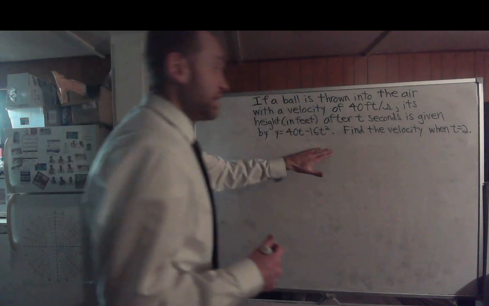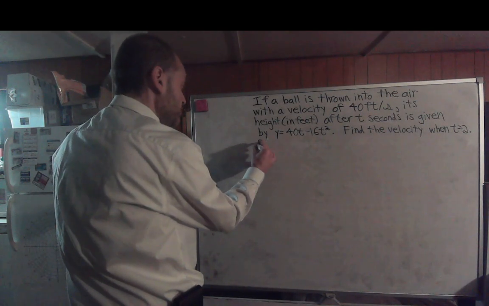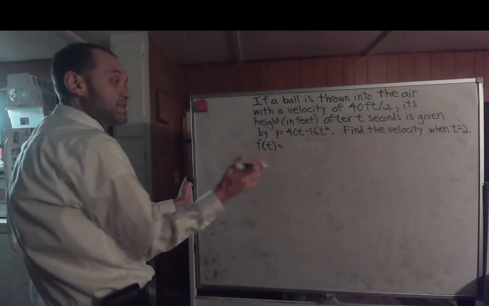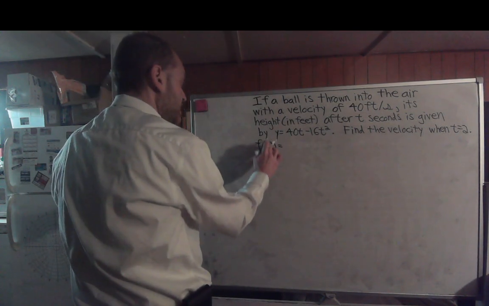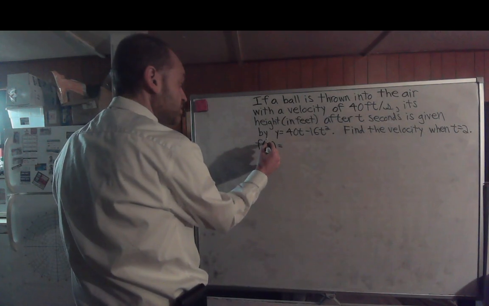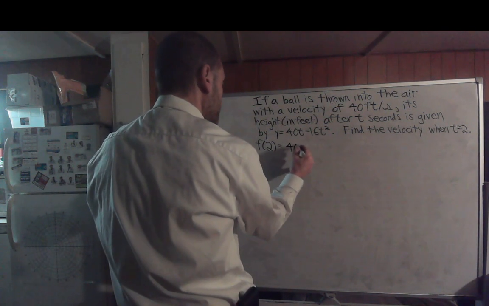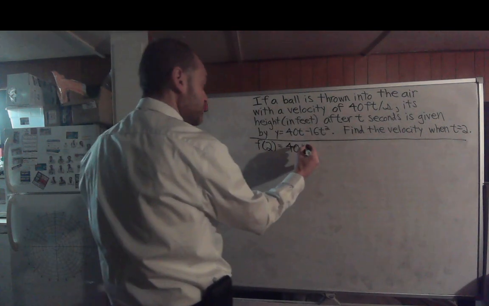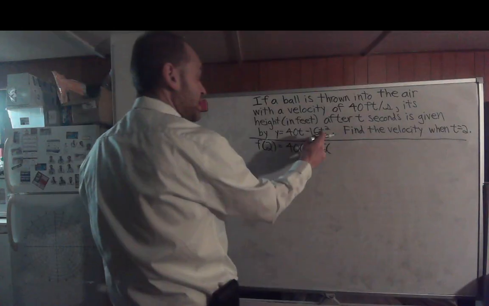So if t equals 2, why don't we take f of t to find that value for the y position? So for the position itself at the time t equals 2 seconds. In this case, y is f of t, so let's take f of 2. Let me separate the problem here. So y equals 40 times 2 minus 16 times 2 squared.